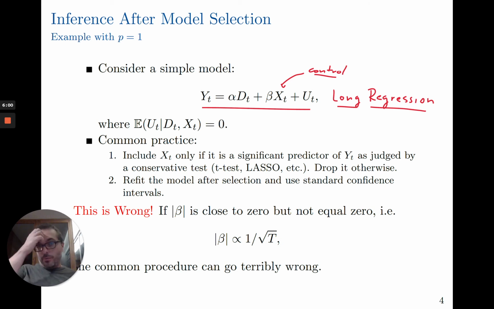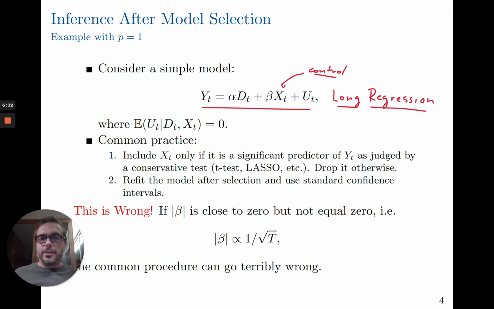So again, let me name this our control variable. What we do is keep x in our final model if, for instance, we find that beta is significant according to a t-test, or if we run a lasso regression and this beta is not set to 0. Then x is included. If x is not significant, or if lasso excludes it, we drop x from the equation and refit the model.